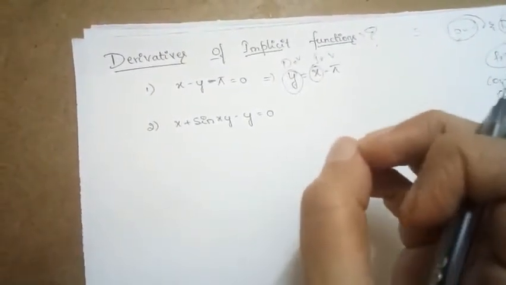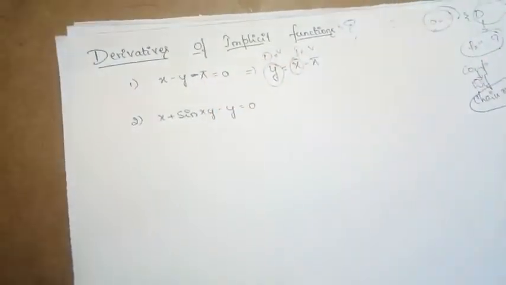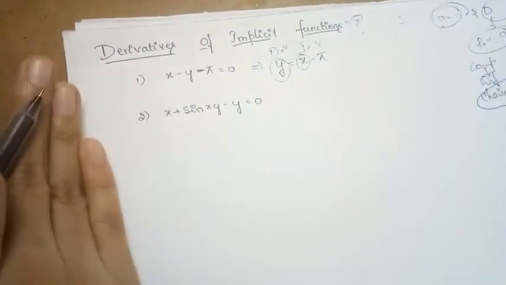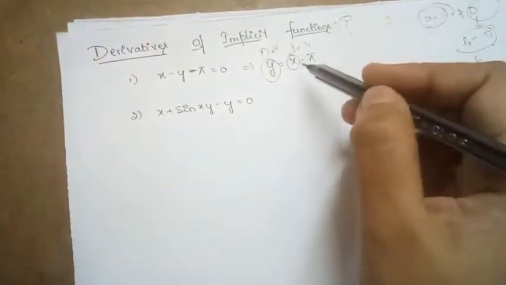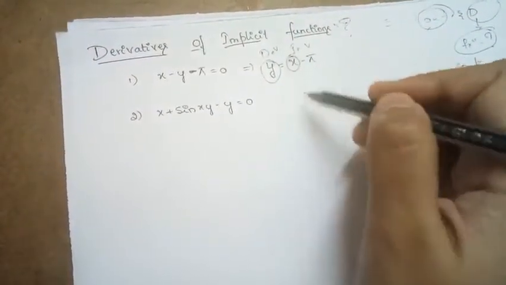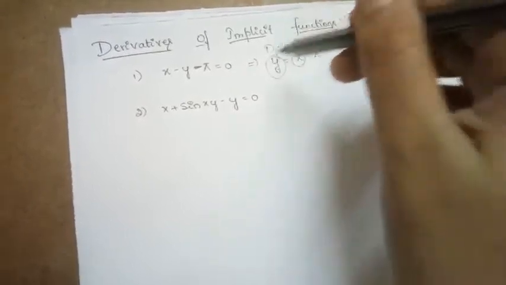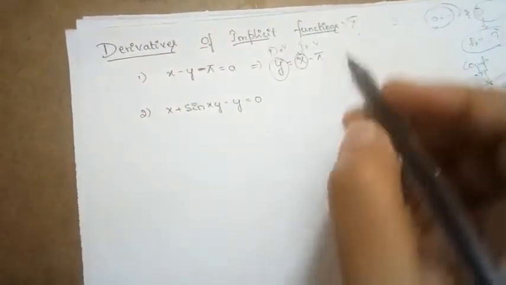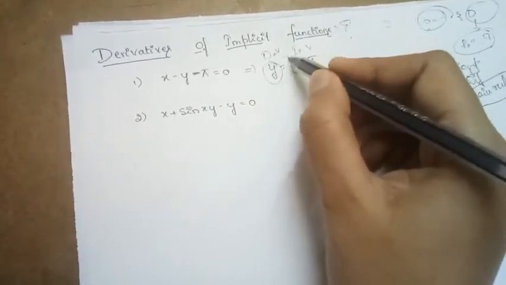Isolated means what? I can separate the independent variable and dependent variable, where the dependent variable is on one side and the independent variable is on the other side. Whatever changes there are in the independent variable, there will be changes in the dependent variable, since y is depending upon x, right?